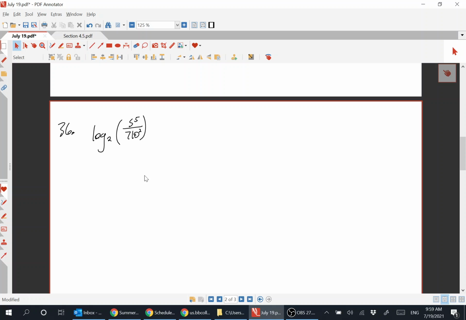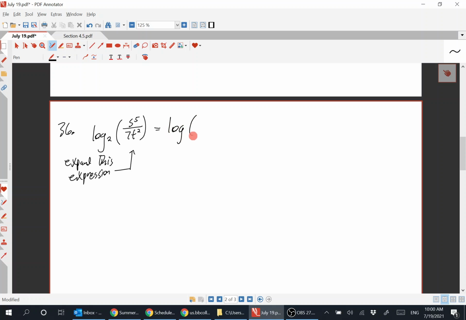Expand means to get all of the multiplication, division, and exponentiation out from the inside of the argument of the log as much as possible.